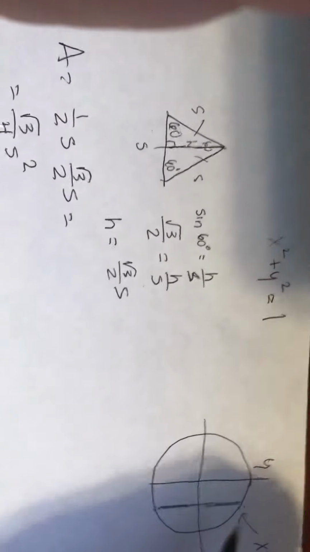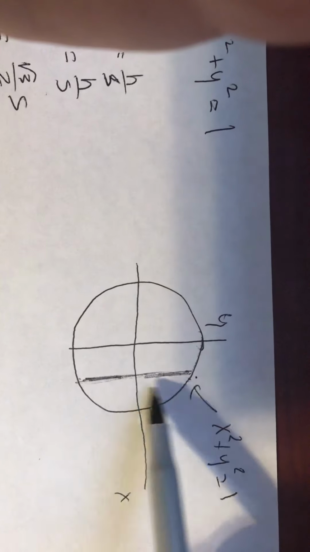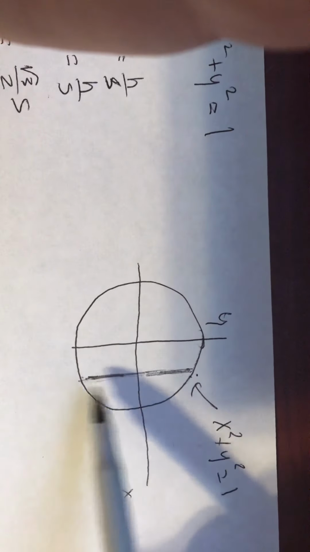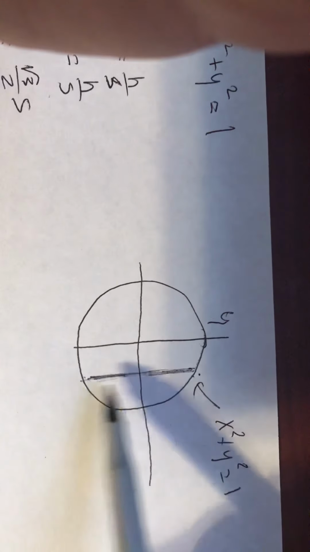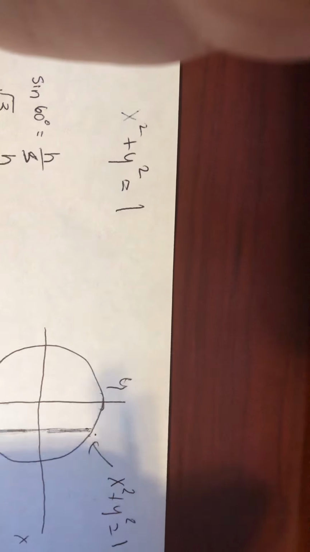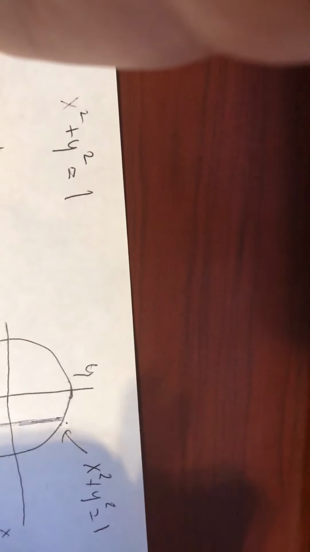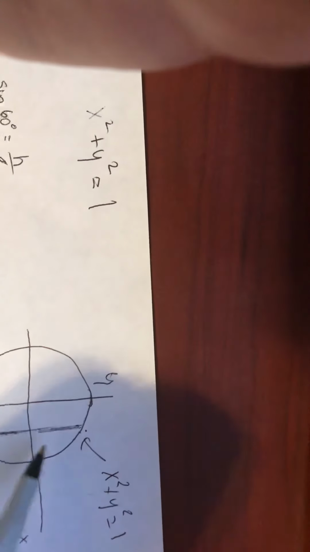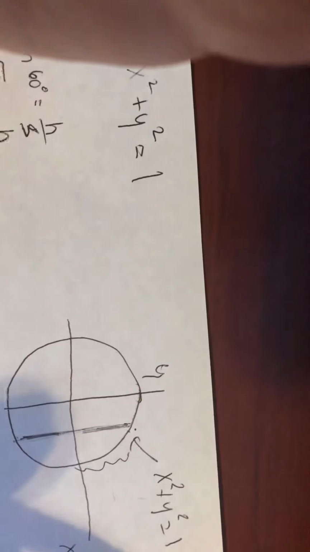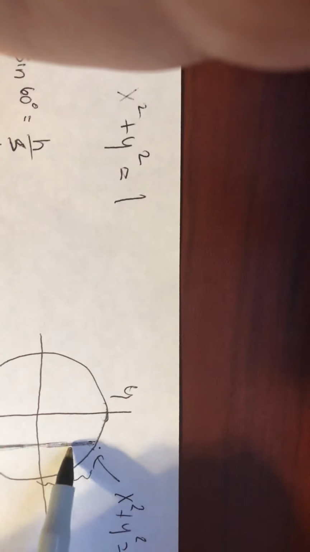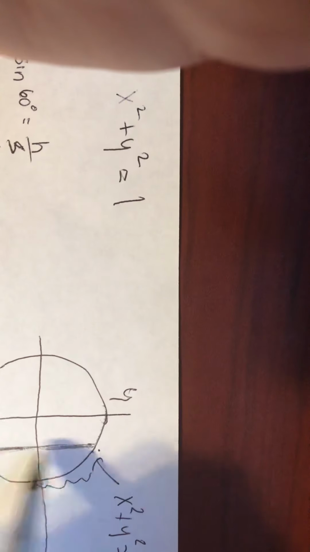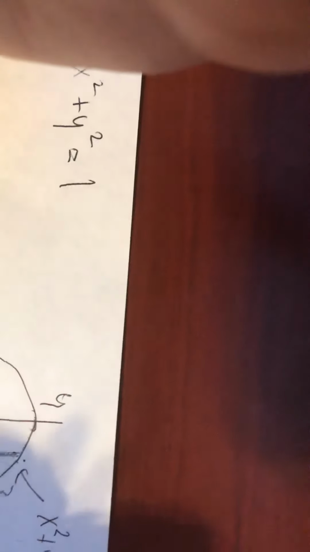Now, let's talk about our particular problem. We've got the base of this triangle right here. How do I get that in terms of x? Well, first of all, I'm going to solve this for y. I get y equals the square root of 1 minus x squared. That's this distance right here. This distance is equal to the y coordinate. So what is this distance from here to here? It's 2 times this.